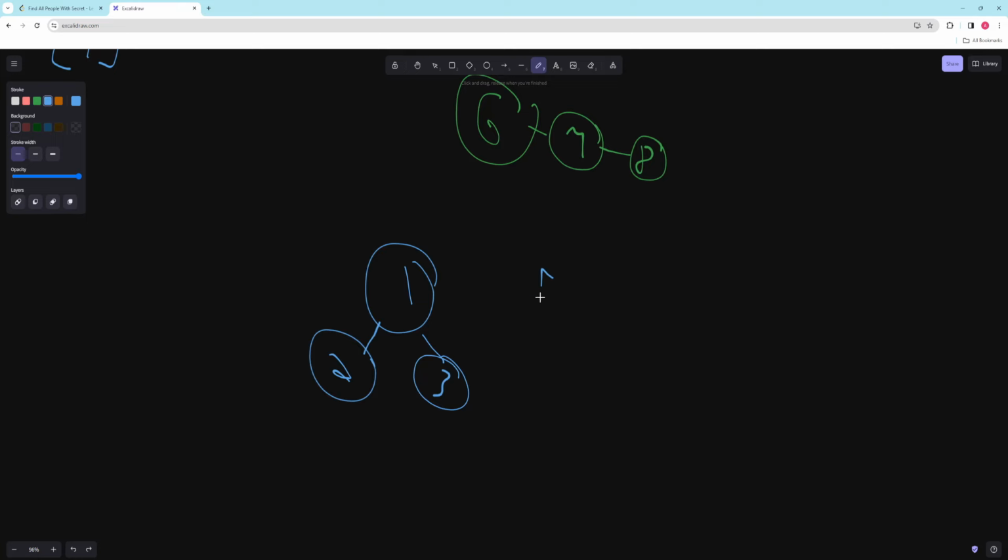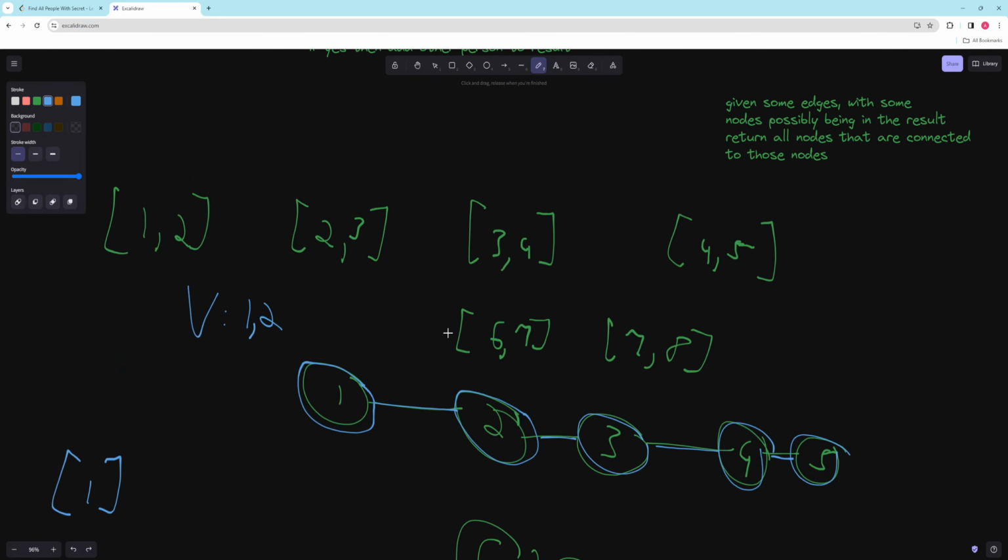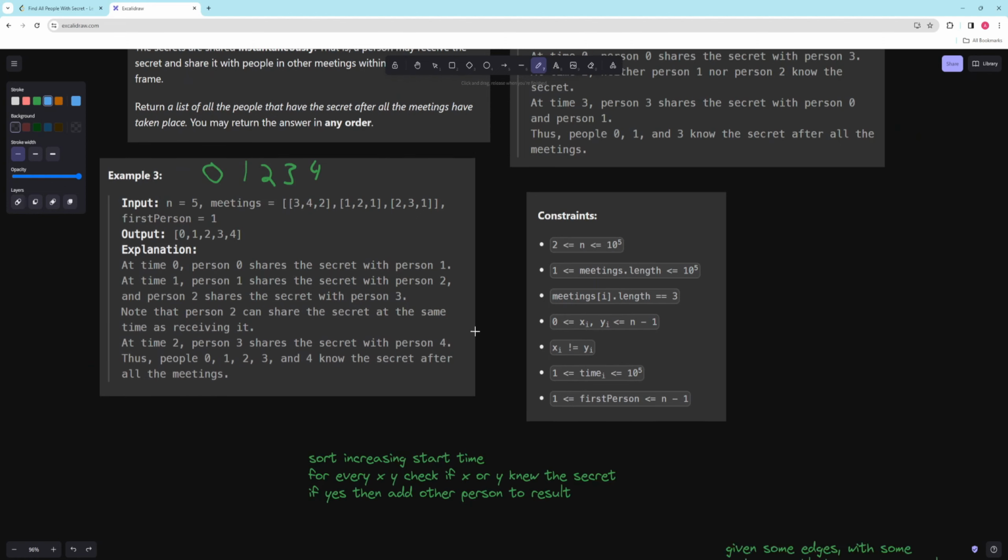If we start with node 1, it will be in here. But once we actually process node 1, then 2 and 3 will be in here. So the BFS will contain multiple nodes. So multi-start BFS is literally the same thing as a single point. You just put in multiple start nodes, and then the rest of the code is exactly the same. And that's the idea to get this to work.